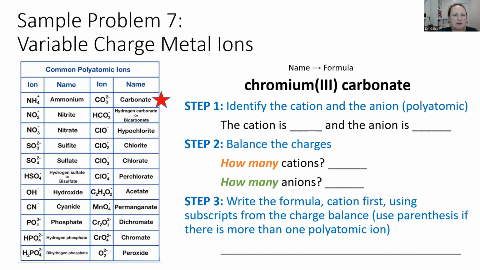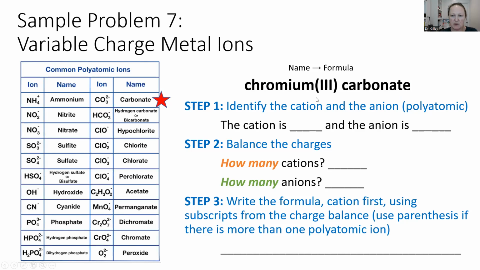All right, let's do problem number 7, which is another problem using variable charge metal ions. But now we're going to be starting with the name and working towards generating the correct formula. So they've given us chromium 3 carbonate.